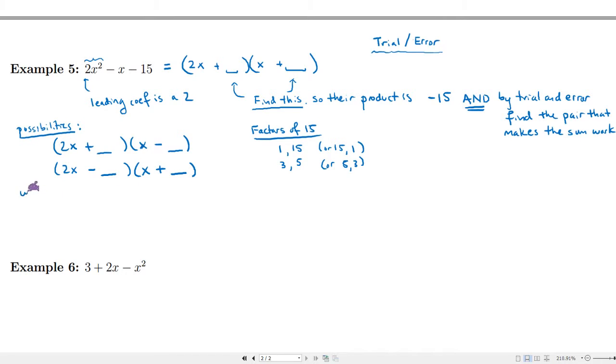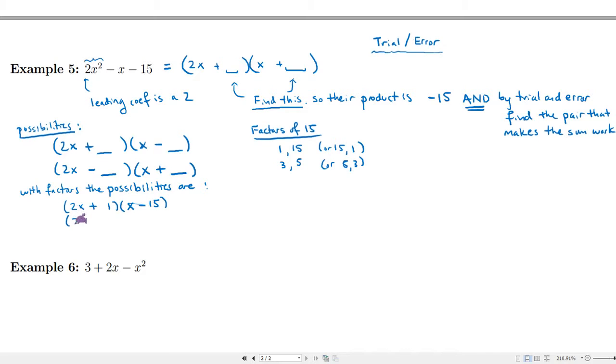So with factors, the possibilities are the following. So we could have 2x plus 1, x minus 15.